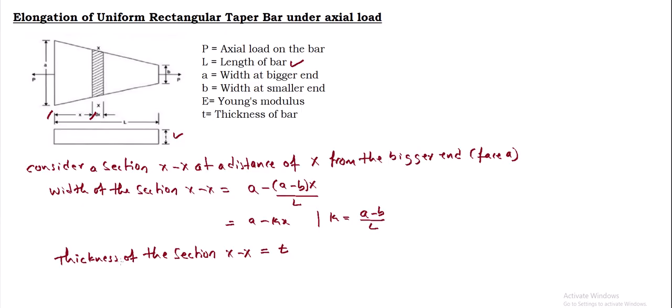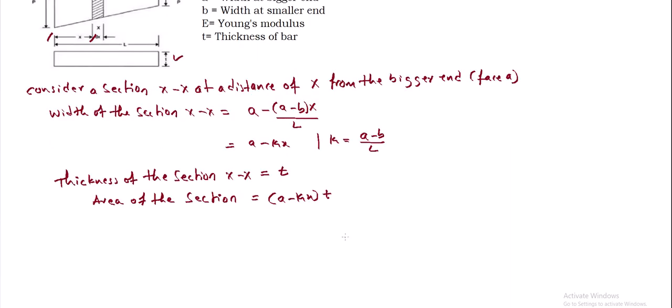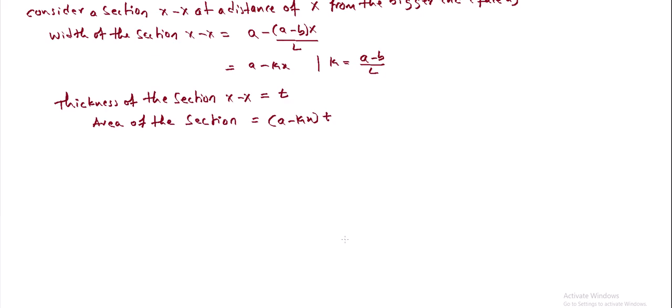So now the area of the section: I can write width into thickness. The width is A minus K times X, times T. That is the area of the section, A minus Kx times T.